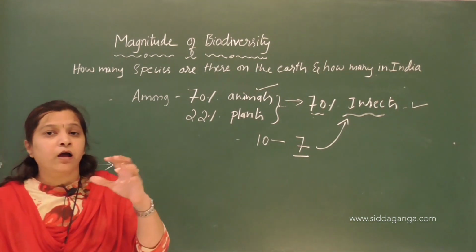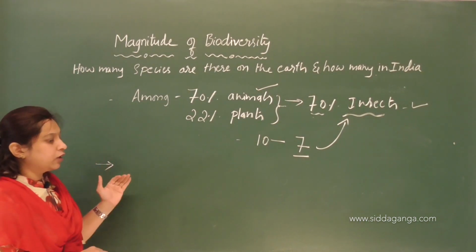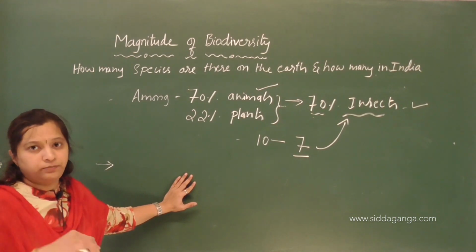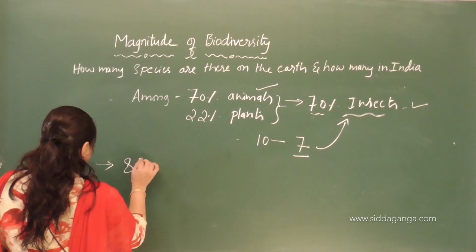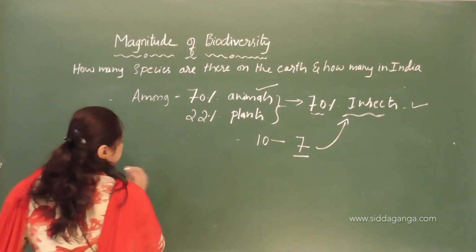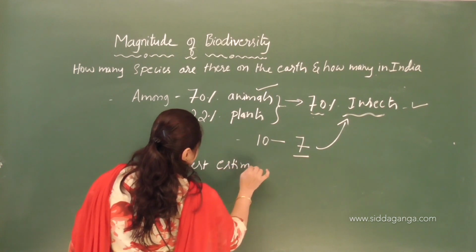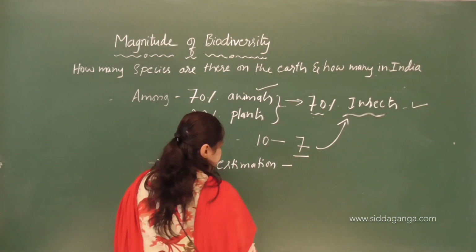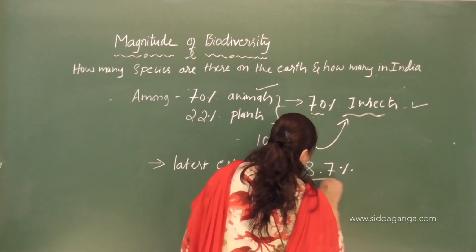But according to the latest estimation, the total number of global species diversity, the total number of plant and animal species present on the globe, falls around 8.7.